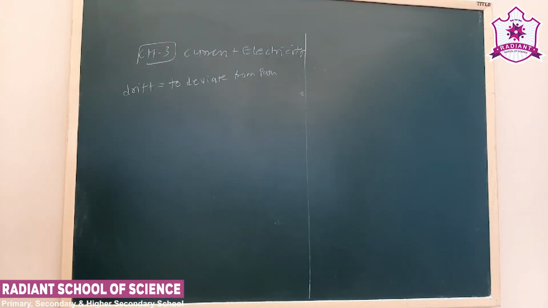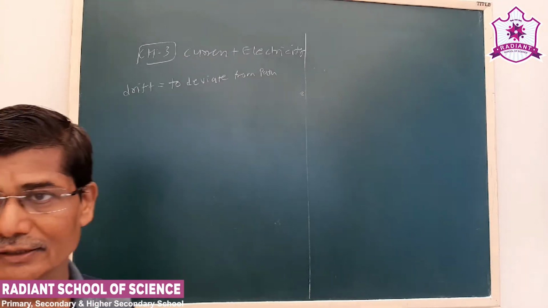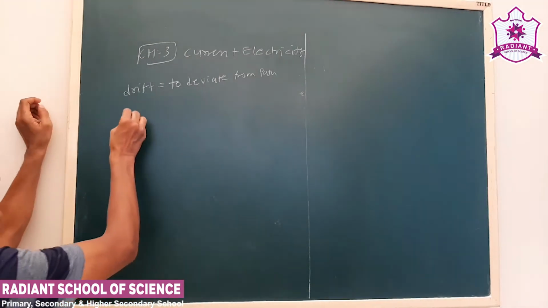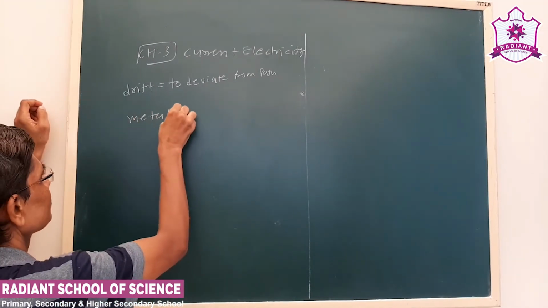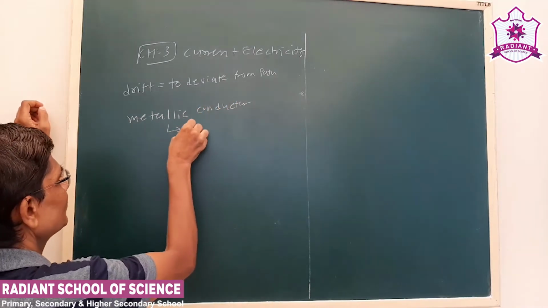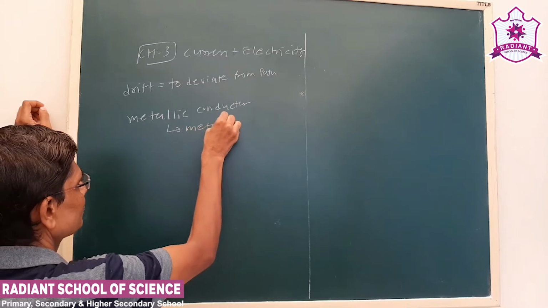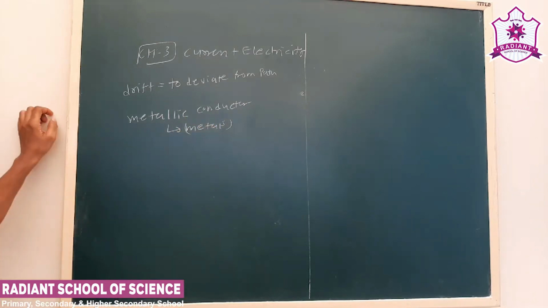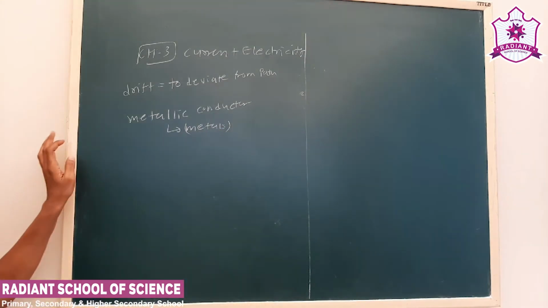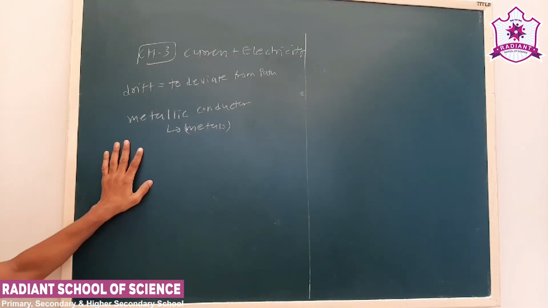That is, to deviate from the path. Now here, how do we have to study it in conductors? Now see, whenever we say conductor in this lesson, we understand they are metallic conductors. Especially metals, okay, and some of the alloys. But whenever we mean conductor here, metallic conductor, they are made up of metals.